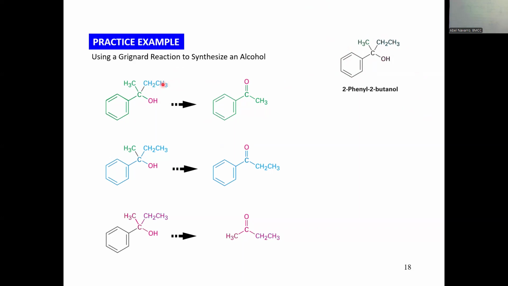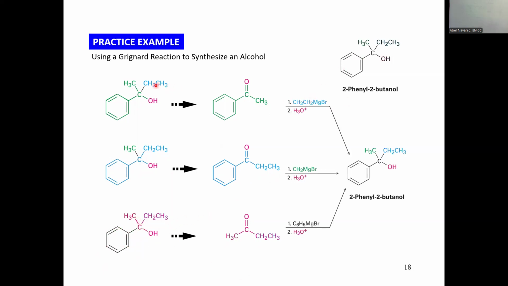If ethyl is your Grignard, that means the green portion will be your ketone. This other approach is using the methyl as a Grignard. That means this blue side is going to be your ketone. And in the red case, the phenyl is the Grignard. That means your ketone will be right here.